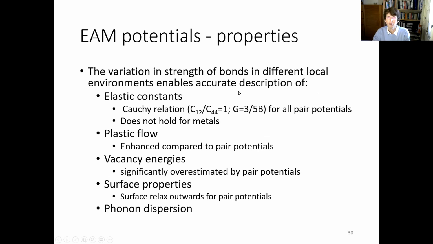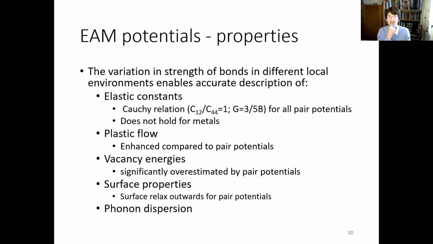As I said, before the 80s, people tried to model metals using various types of power potentials, and none of them worked, especially for the elastic constants. Power potentials give you certain relationships between the different elastic constants of the material, and metals don't have this relationship. So they couldn't reproduce the elastic properties of materials.